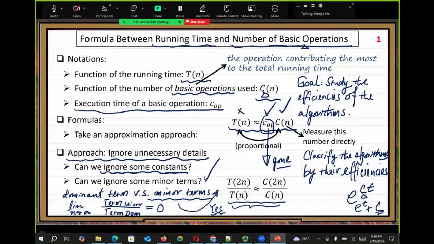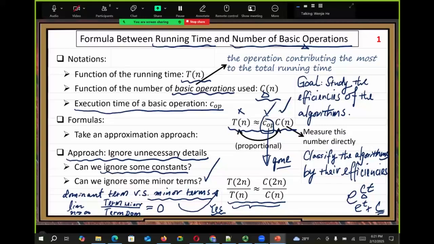We can use this ratio to measure the value's increasing rate. The function is increasing with a certain rate. And we can use this ratio to tell us, every time the problem size is doubled, the ratio of the function values, how large it is.